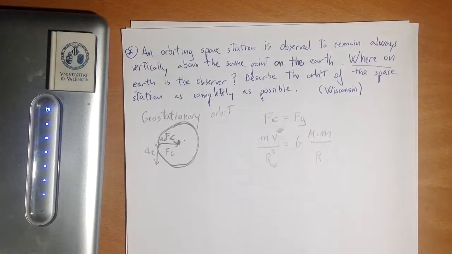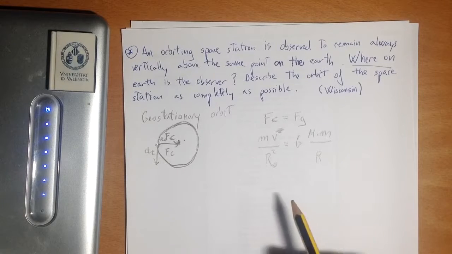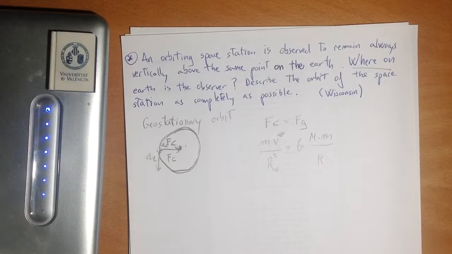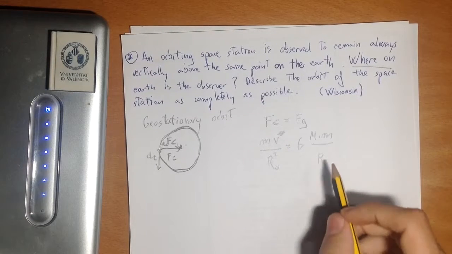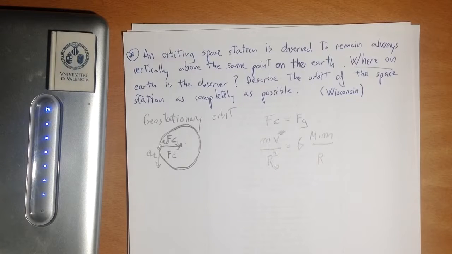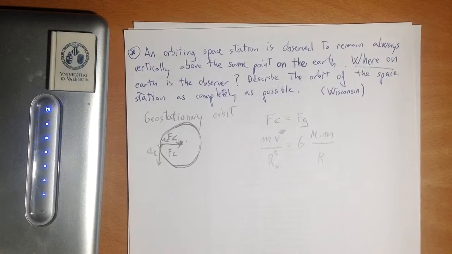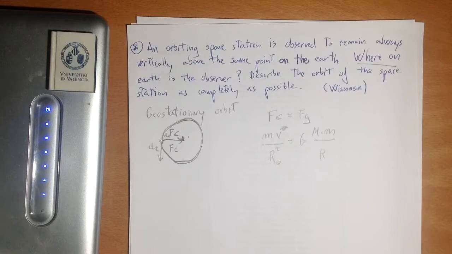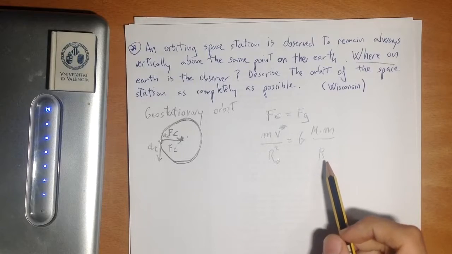Here I'm going to neglect the radius of the Earth to simplify the problem, because otherwise we would obtain a binomial. So let's simplify it, but take that into consideration.